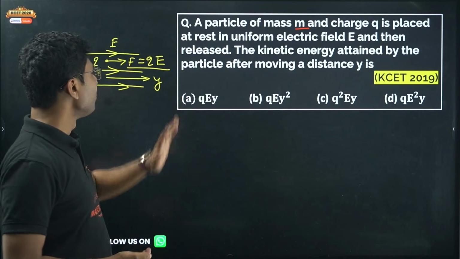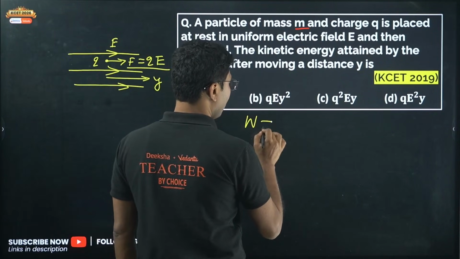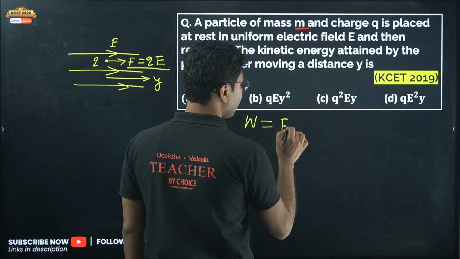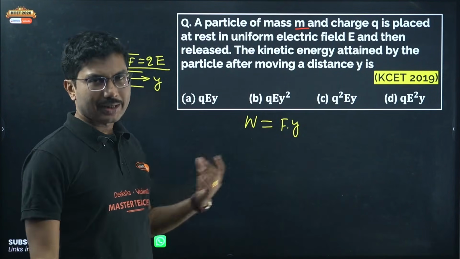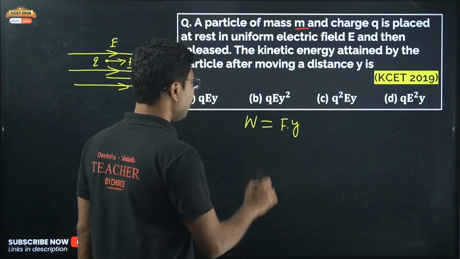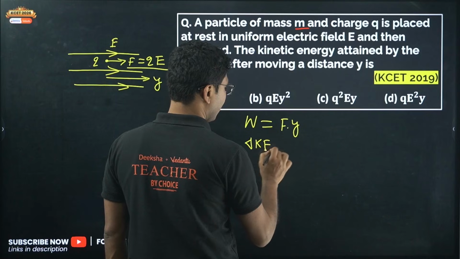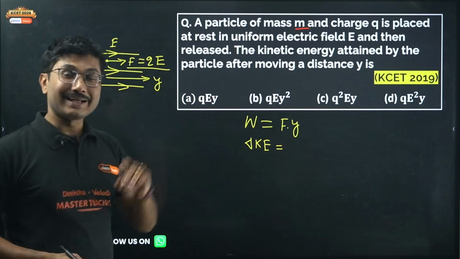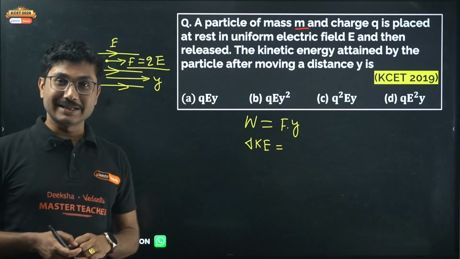Now if you want to move the object by a distance y, what is the work that you are doing? The work done is force into displacement. Now from the work-energy principle, again from first PUC, the work done is the change in kinetic energy.